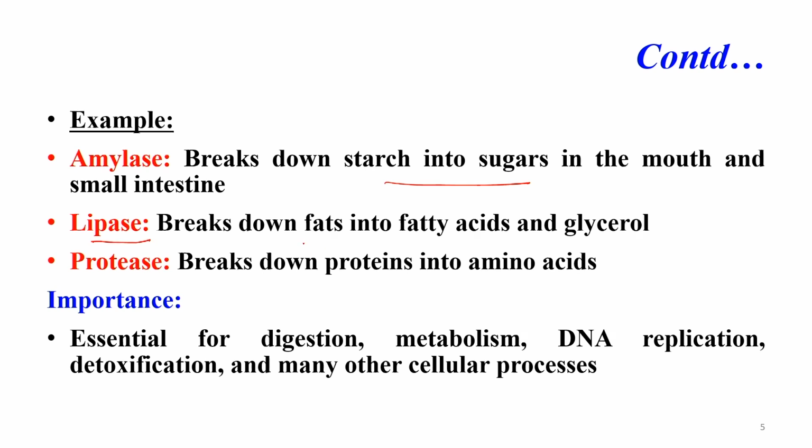Lipase breaks down fat into fatty acid and glycerol. Protease breaks down protein into amino acids. So, depending on the biological macromolecules, there will be different enzymes. Let us say here I have listed 3: for the carbohydrate or starch, amylase, for fats, lipase, and for protein, proteases.